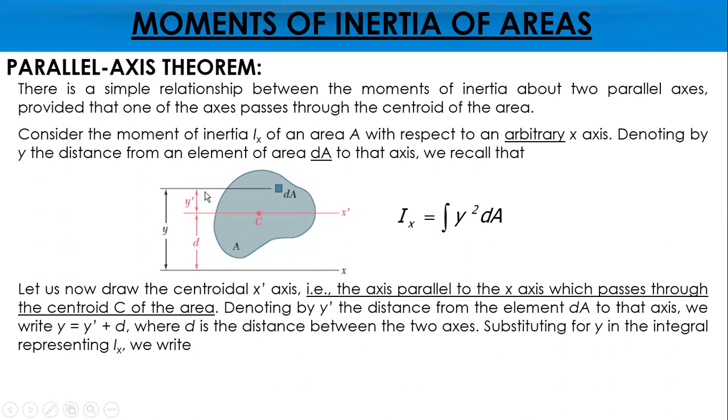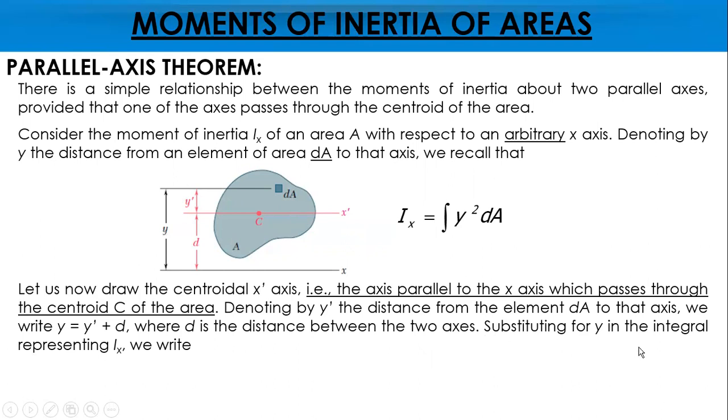Denoting by y prime the distance from the element dA to the centroidal axis, we write y is equal to y prime plus d, where d is the distance between the two axes.